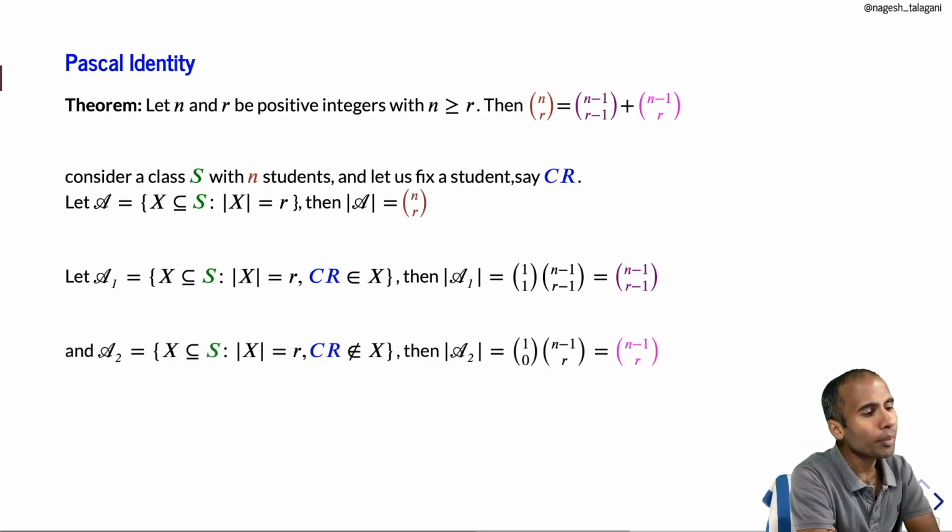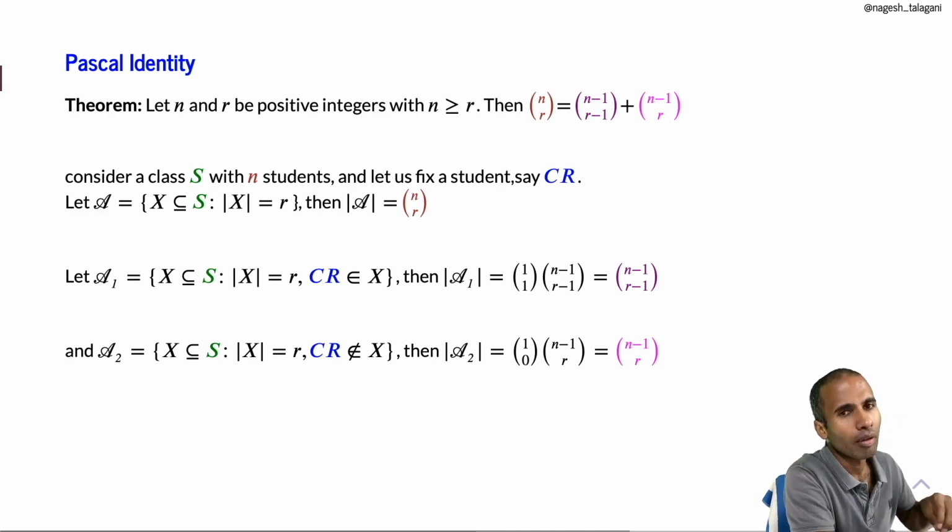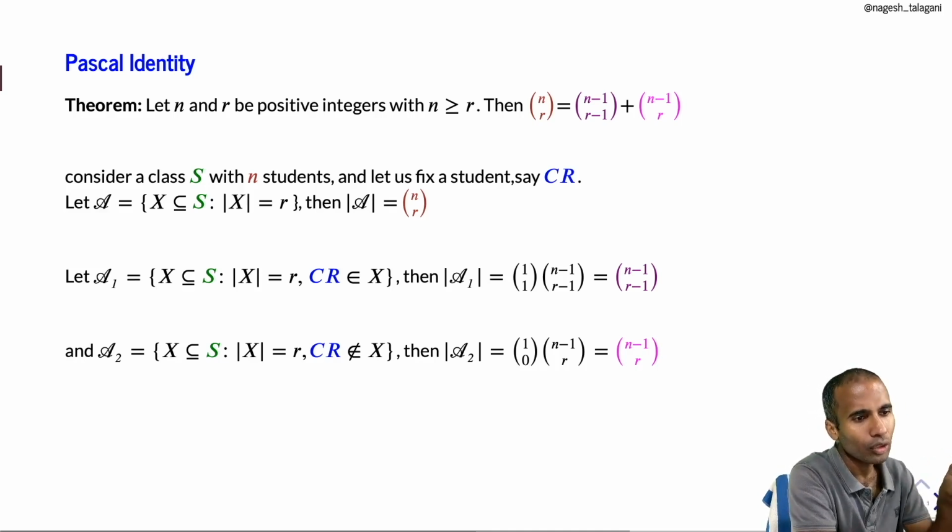Next, script A2 consists of all groups of size r without CR. The number of elements in script A2 is going to be n minus 1 choose r, because we are rejecting CR, so we are not selecting him: 1 choose 0. From the remaining n minus 1, we are selecting r people.